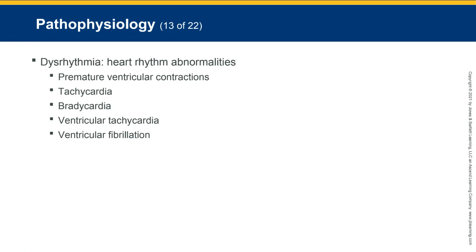A patient who has a pulseless ventricular tachycardia, you treat that patient as you would treat a patient in ventricular fibrillation. So in other words, there are two rhythms that require defibrillation: pulseless ventricular tachycardia and ventricular fibrillation.